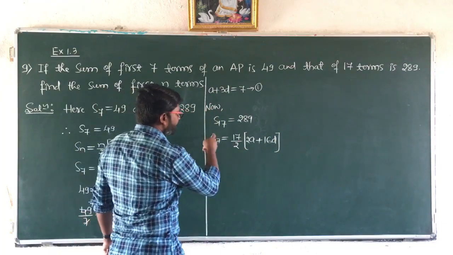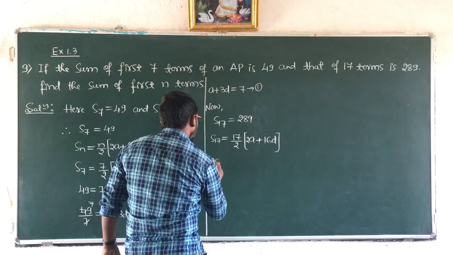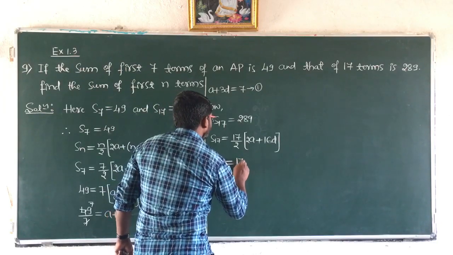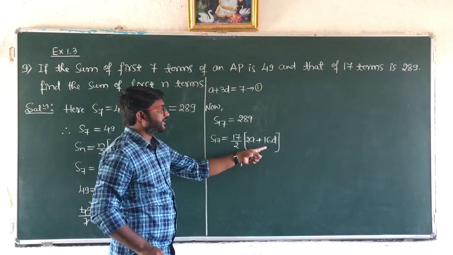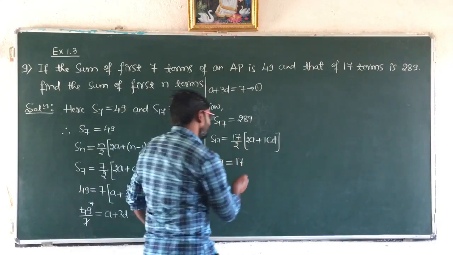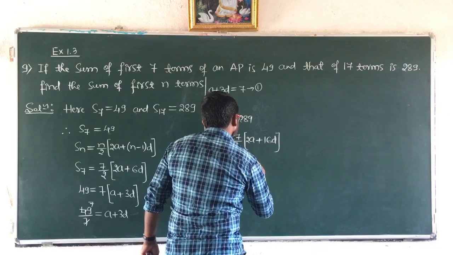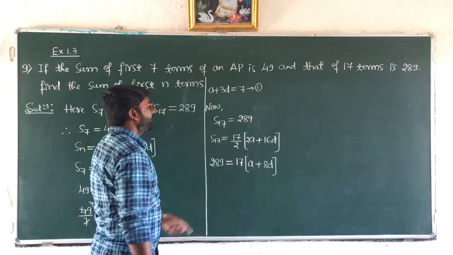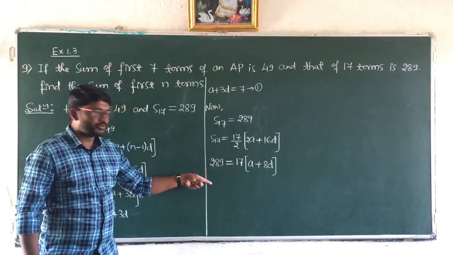Then substitute the value of S17. 289 which is equal to, then write 17 as it is. Then take 2 inside the bracket. Will be divided to both the terms. We get a plus 8d. Then take 17 to the LHS. It goes to the denominator.